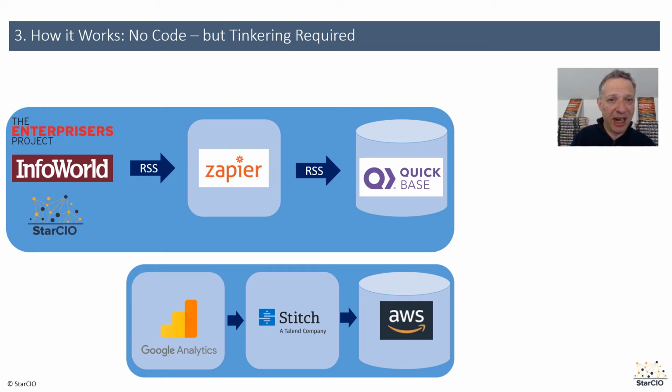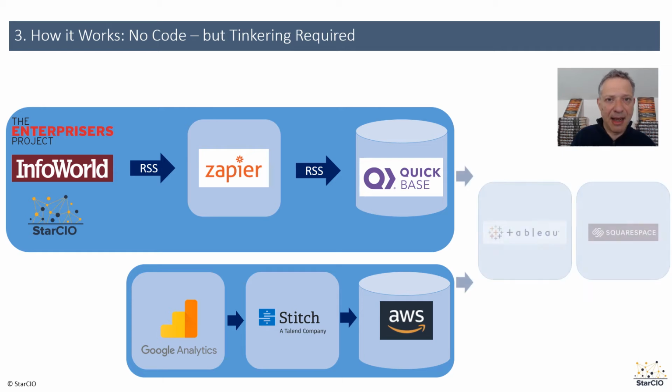Out of everything here, that's probably the most technical thing to configure, and I use a no-code approach to bring that data over. It's a tool called Stitch Data, owned by Talend. I just configure it to point to Google Analytics, point it to Postgres, and now I have a database table with all my Google Analytics data.